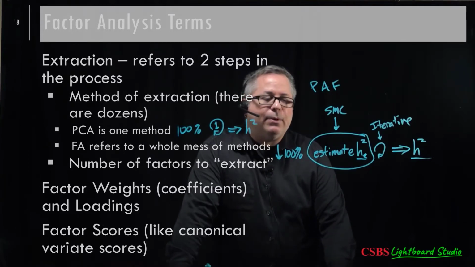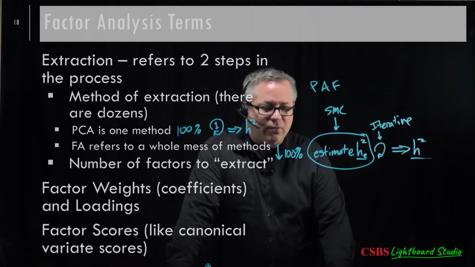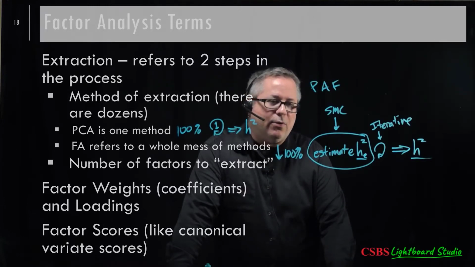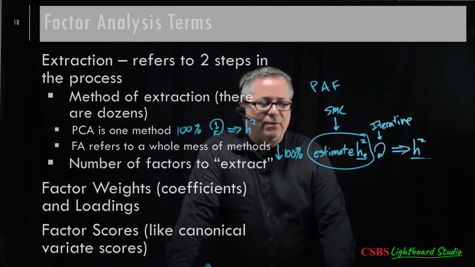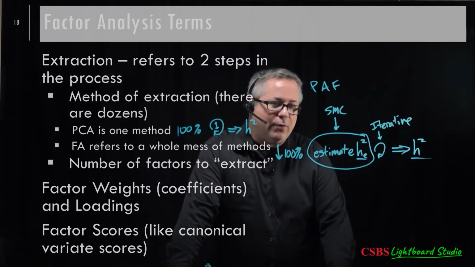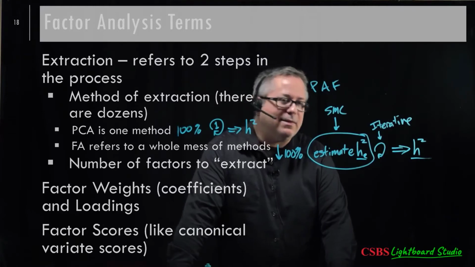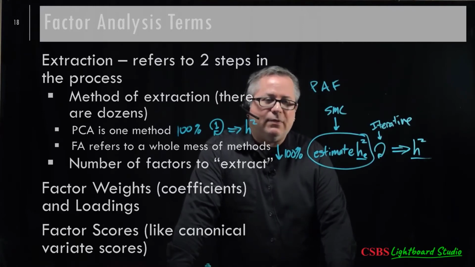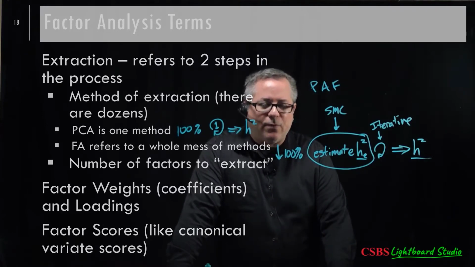Now, from a purely exploratory viewpoint, if you don't know very much about the data you're using, and you're really trying to get an idea of what's going on, it may actually be a good idea to over-extract, to pull more things out to play with than is really there, with the idea that you're going to confirm and do more later on, doing a factor analysis on a second set of data.